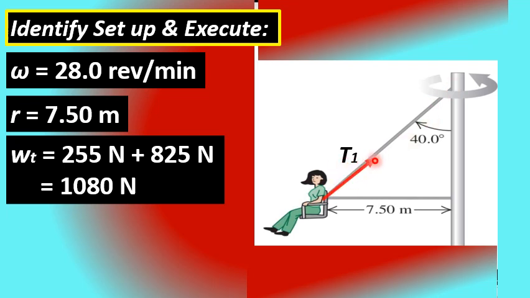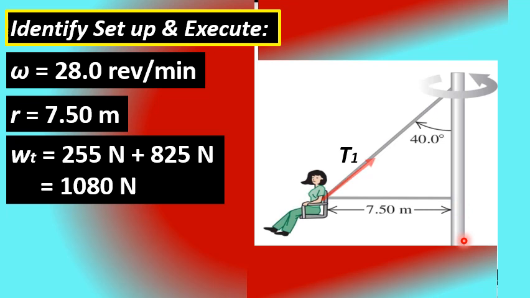This cable is pulling the girl and the seat in that direction, indicated by the vector arrow colored red. This diagonal cable forms an angle of 40.0 degrees with this vertical post.